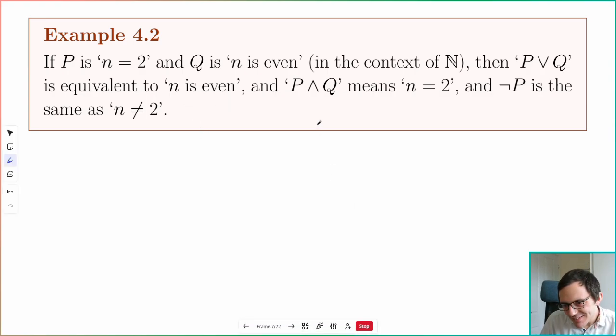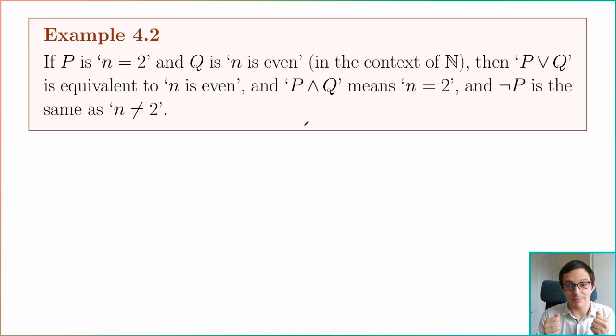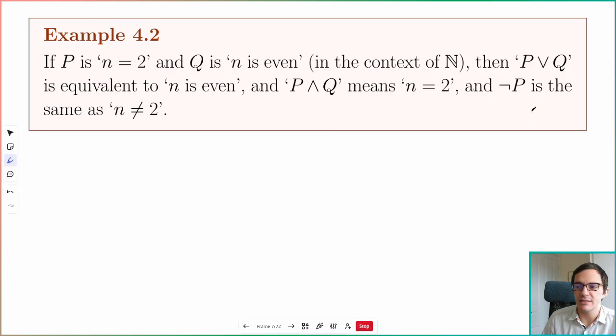The and example here says if n is 2 and n is even, then that simplifies as well. n is even and also n is 2. Well, that simplifies to n equals 2. And the statement not P is the statement that n is not 2.